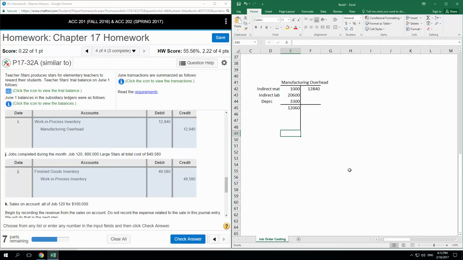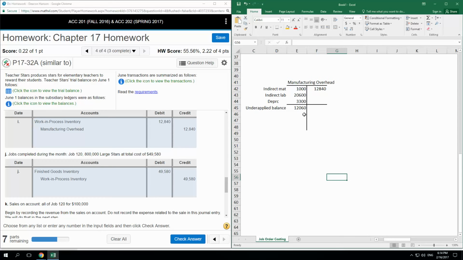Ideally you would want this overhead account to zero out or come as close to zero as possible, because you should be applying all of the overhead that you accumulate. But you're accumulating while you're applying, so you never know whether you're going to hit it right on the head of the nail. So in this case, we have an under applied balance in overhead. I'll label it that to stress the fact.